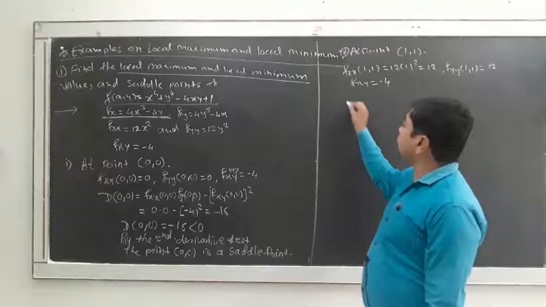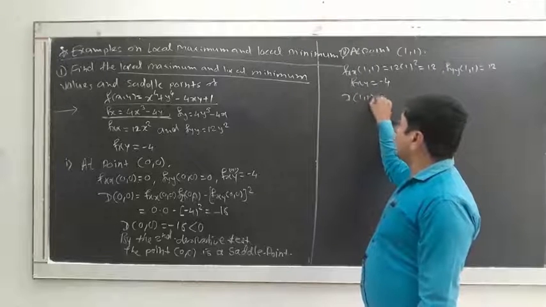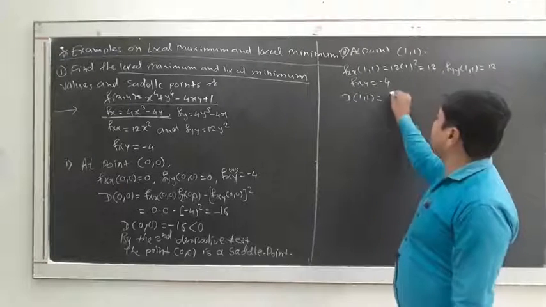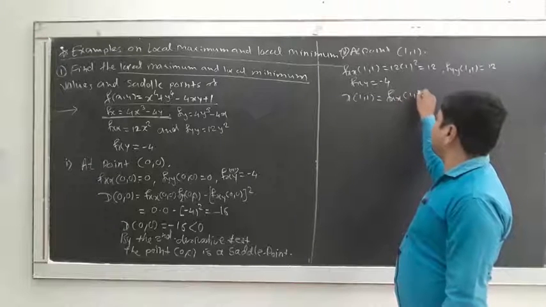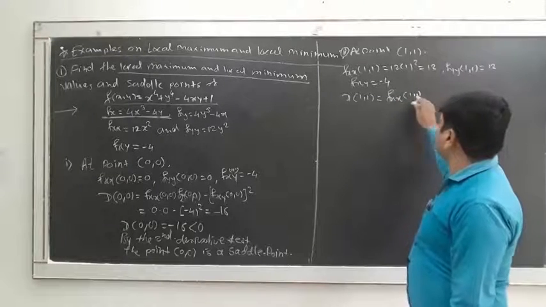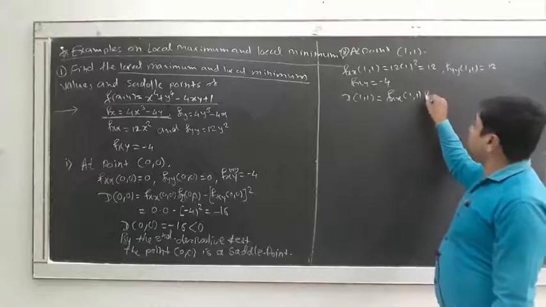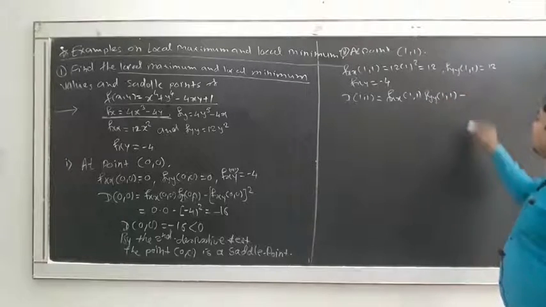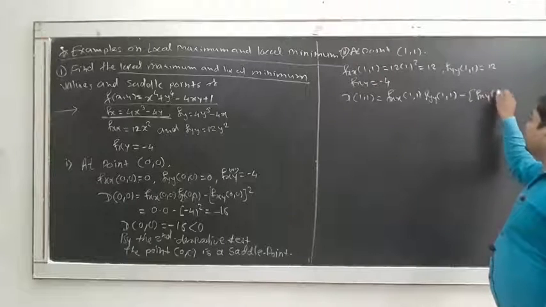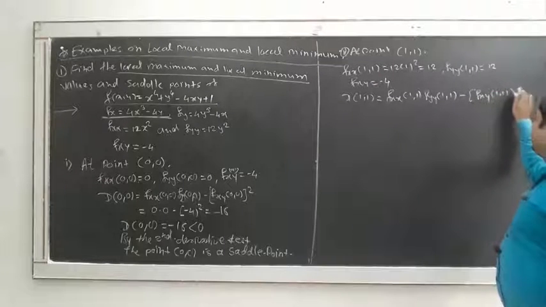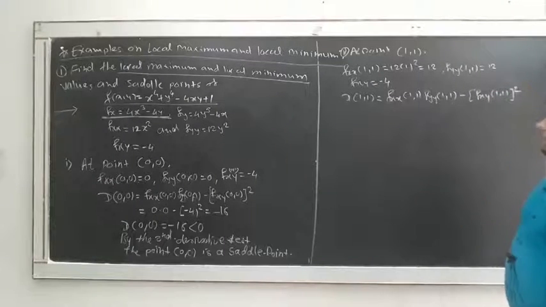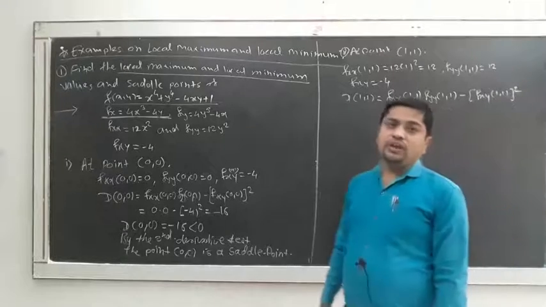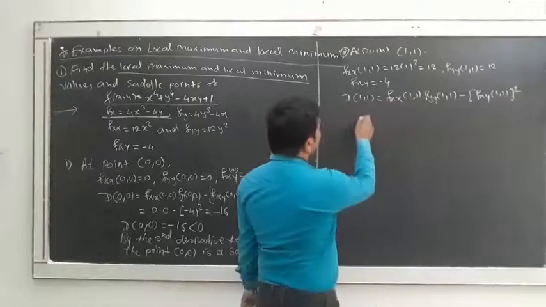So again we have to write D(1, 1) is equal to fxx at (1, 1) times fyy at (1, 1) minus fxy at (1, 1) squared. Now just put the values.